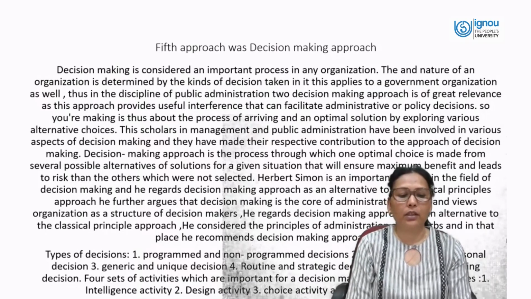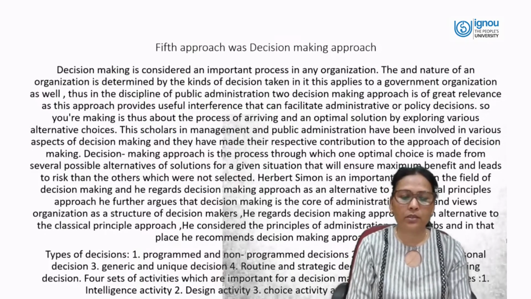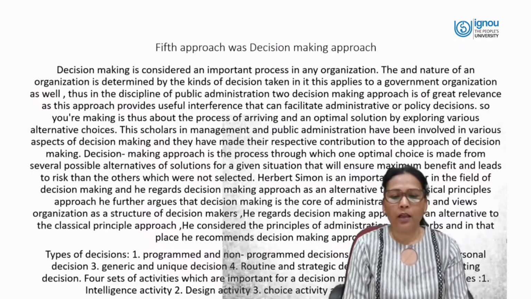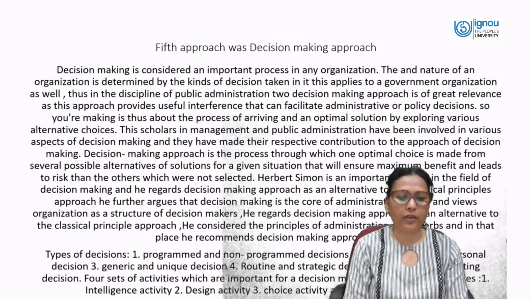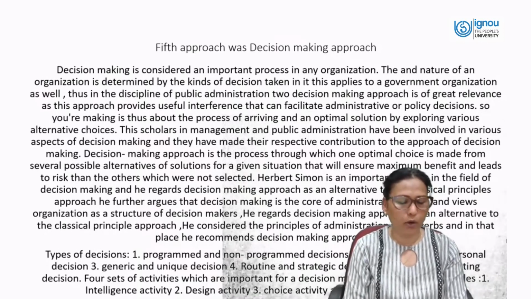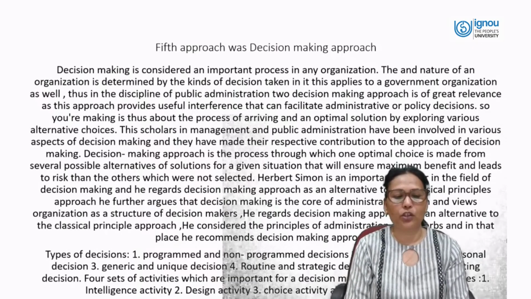And the types of decisions we have already gone through in detail in our previous sessions of this block, that was block 2. I'm just going through the basic types of decisions.